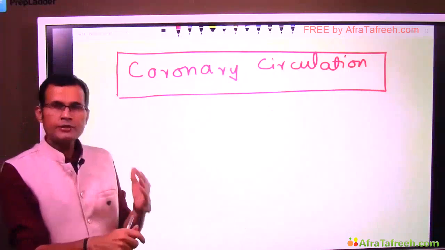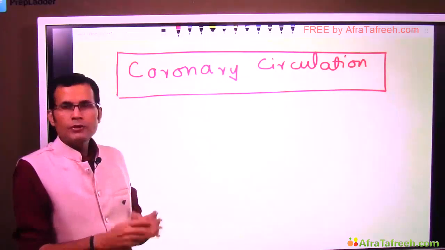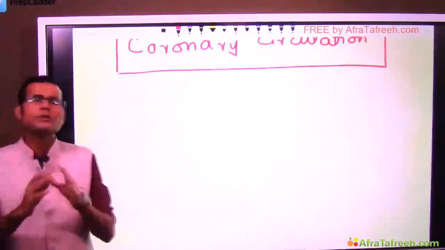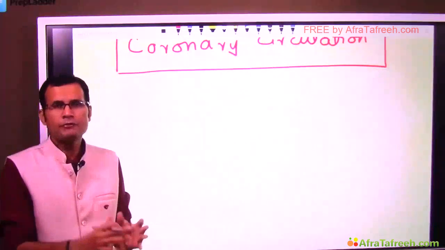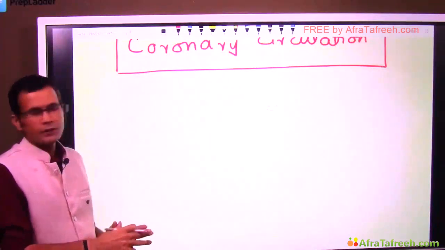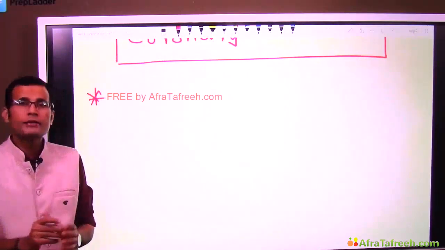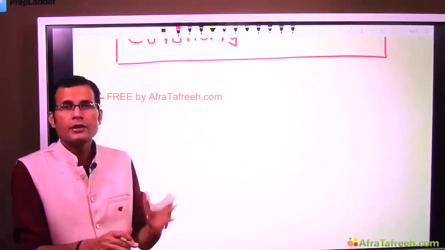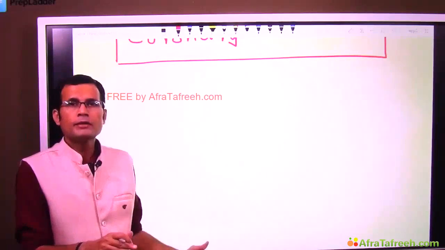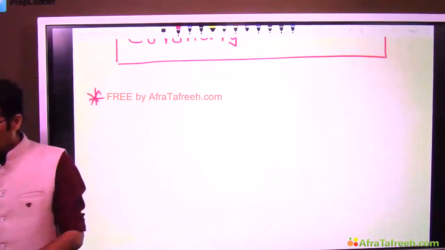Here, since we are discussing the CVS, we will see the coronary circulation. Some specific special features or characteristics of this circulation. First thing is that the heart has its own independent blood supply. Why is that?